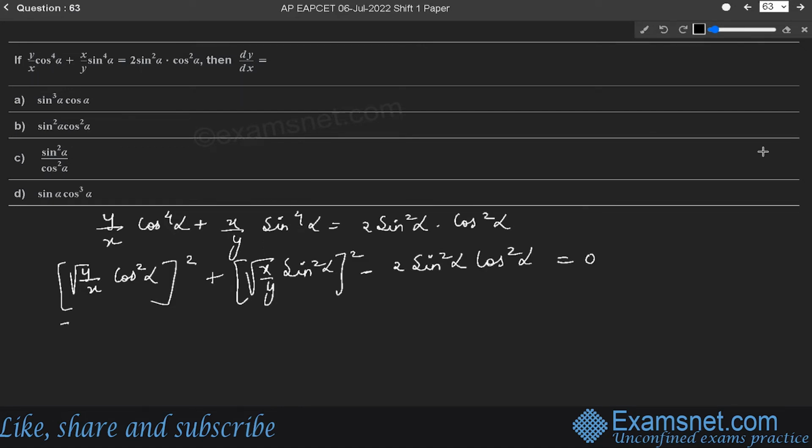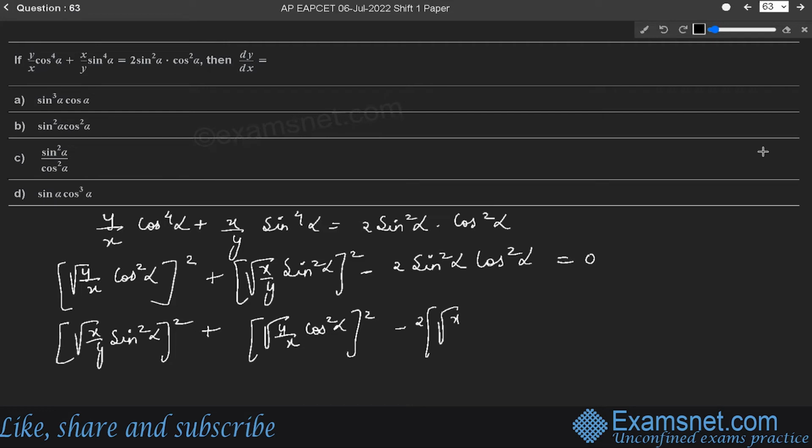Again, it can be written as (√(x/y) sin²α)². We are just swapping the terms, plus (√(y/x) cos²α)² minus 2 into √(x/y) sin²α into √(y/x) cos²α equals 0.